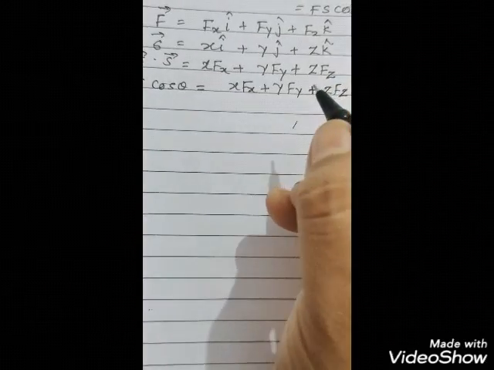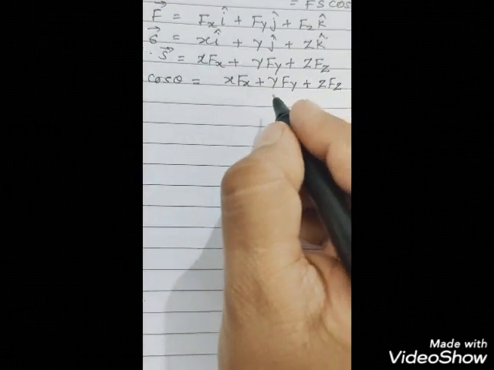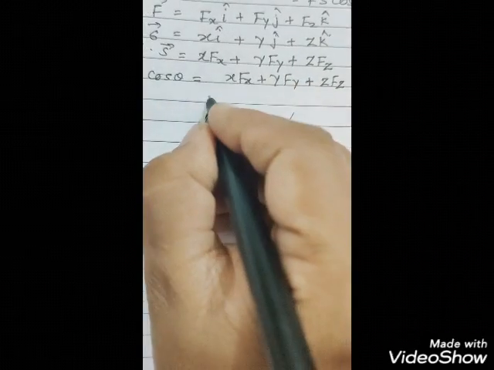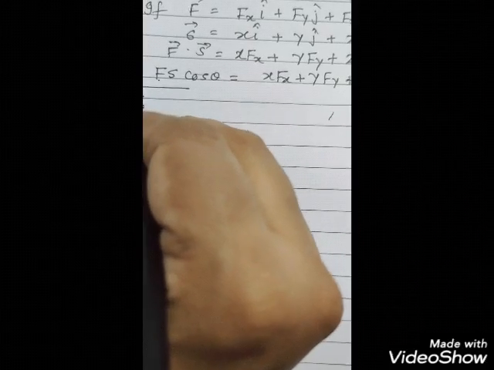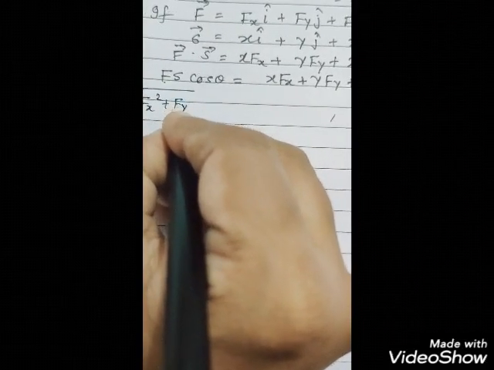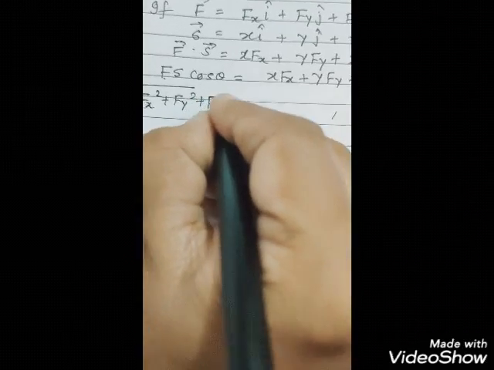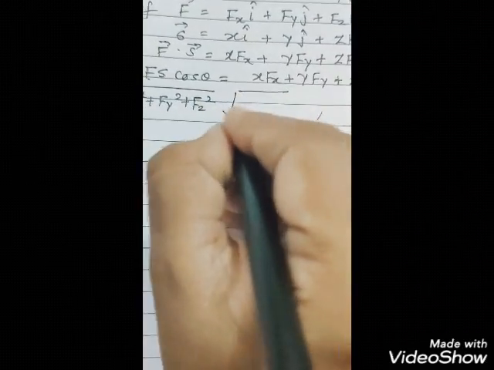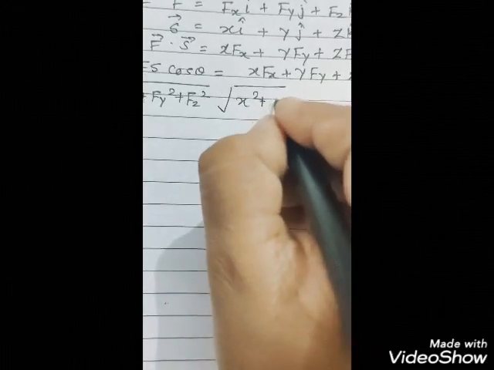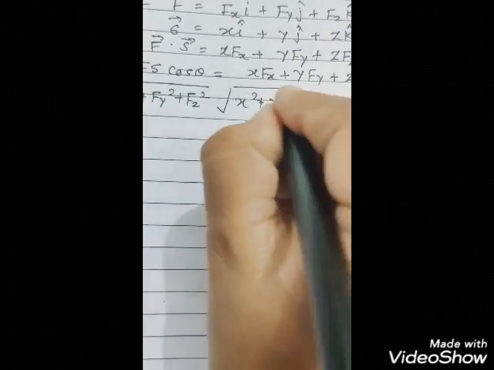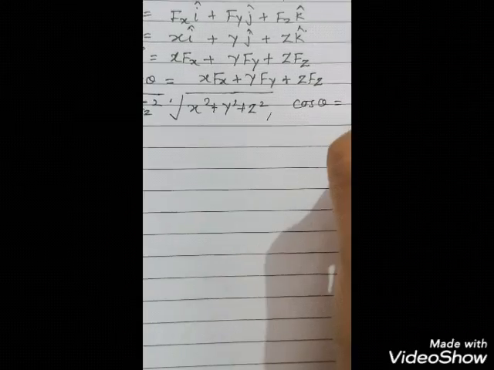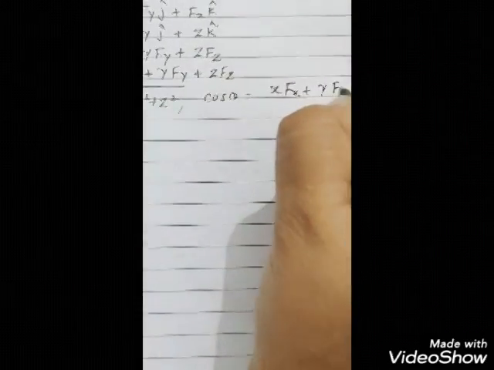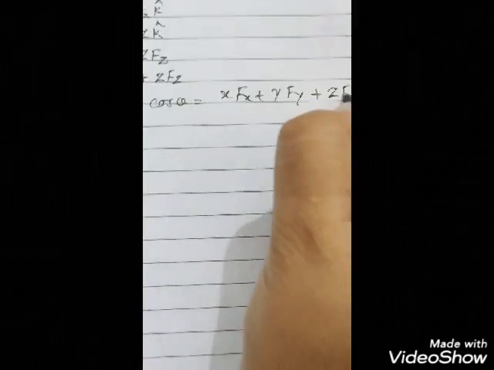We take the sum of this, and the magnitude F is equal to the square root of Fx square plus Fy square plus Fz square, and the displacement is the square root of x square plus y square plus z square, times cos theta, that is x Fx plus y Fy plus z Fz.